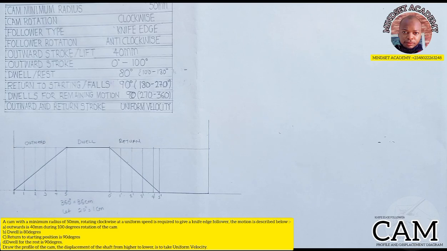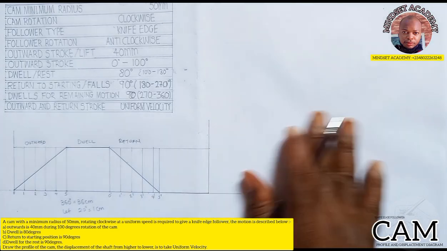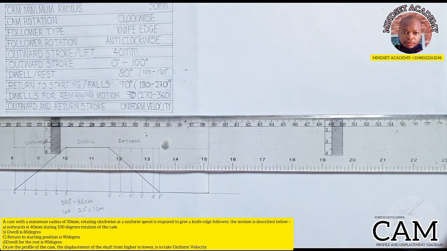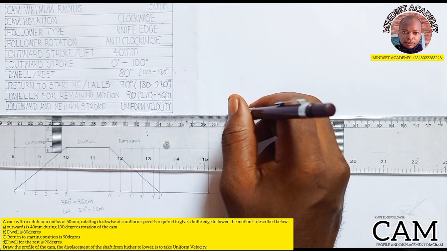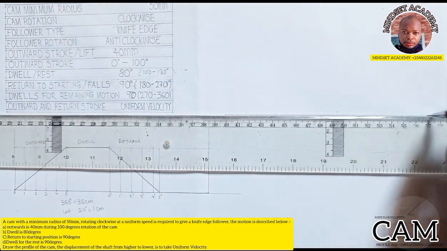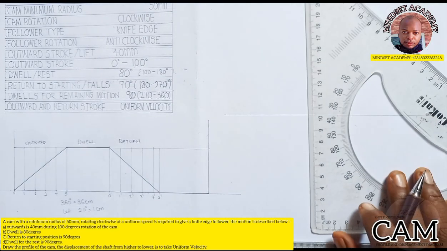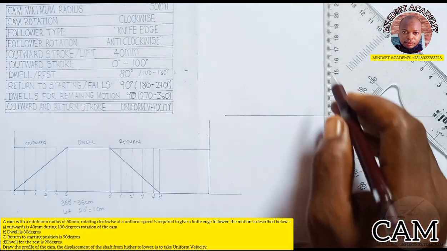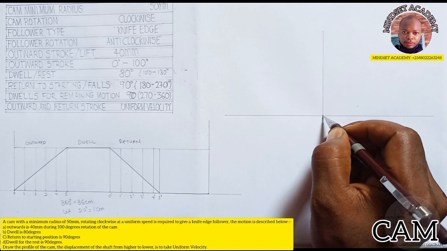So we should look at, this is the cam profile diagram. So let's look at the cam displacement diagram. So what I'll do is, I'll draw my horizontal and vertical line in this fashion. So here is where they are meeting.